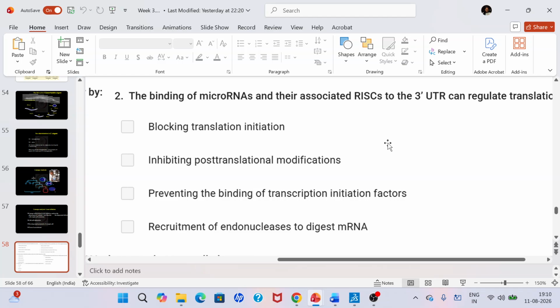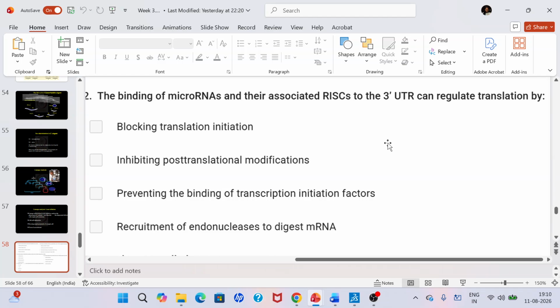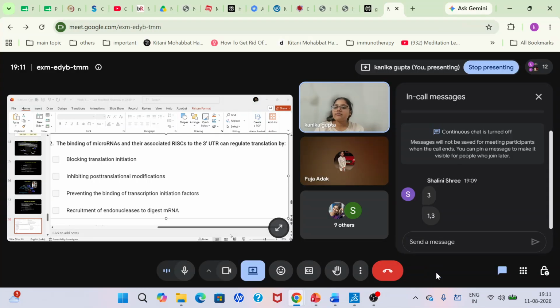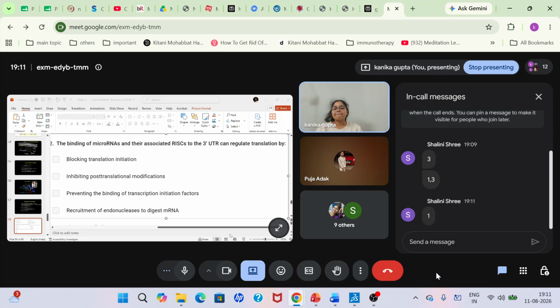Question number 2. The binding of microRNAs and their associated RISCs to the 3' UTR can regulate translation by.